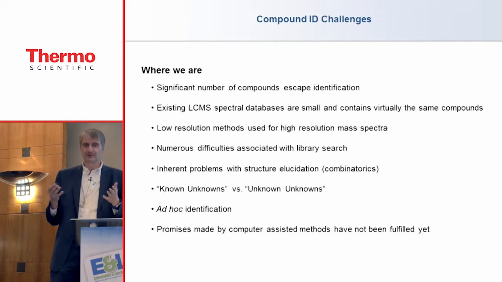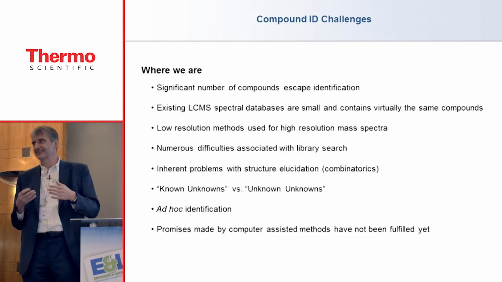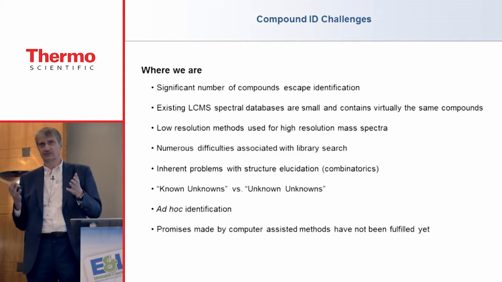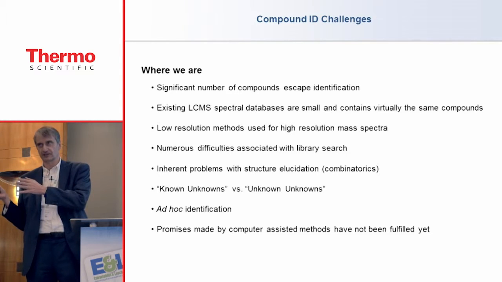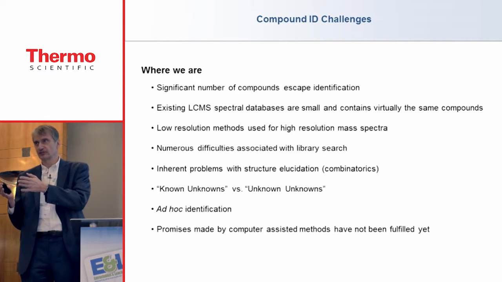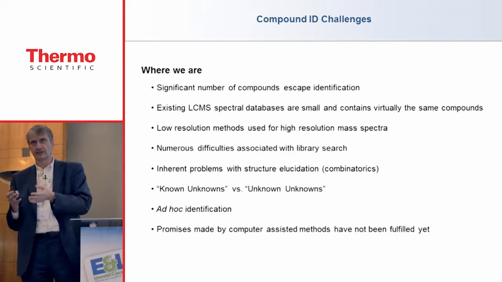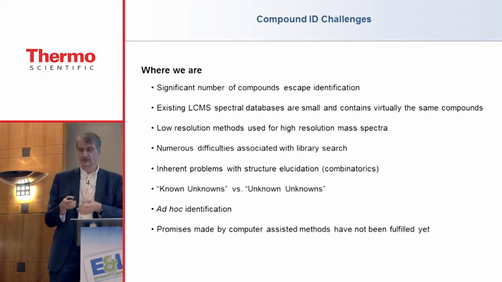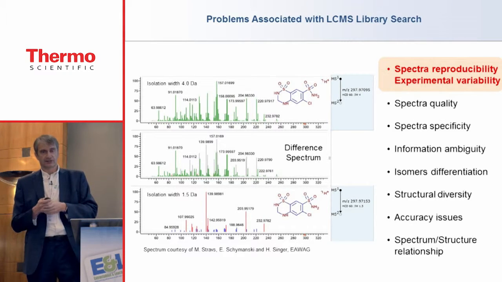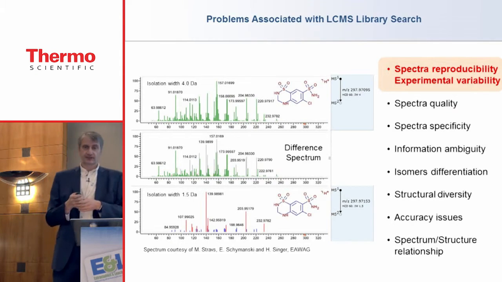You probably know those are overstated claims, and actually there is no automated method for structural elucidation, regardless of what you can read in the scientific literature. The motivation of academic groups is a little bit different, and we have to solve the real problem. We have a sample, and we have to identify the compounds and sign the results, and not only produce scientific papers. So what's the problem with the library searching method? First, spectral reproducibility.